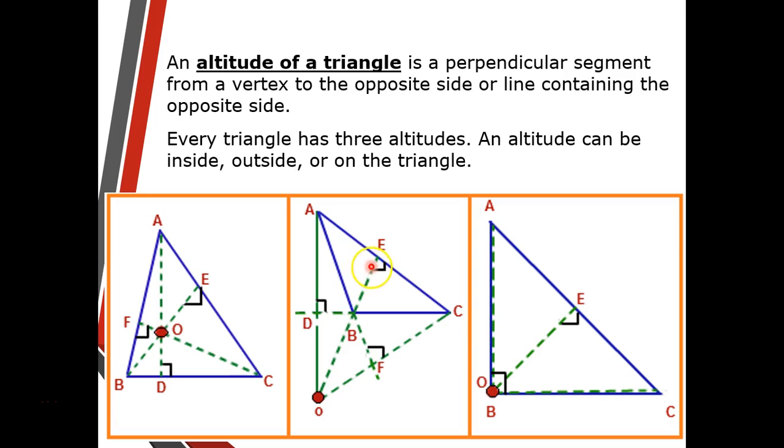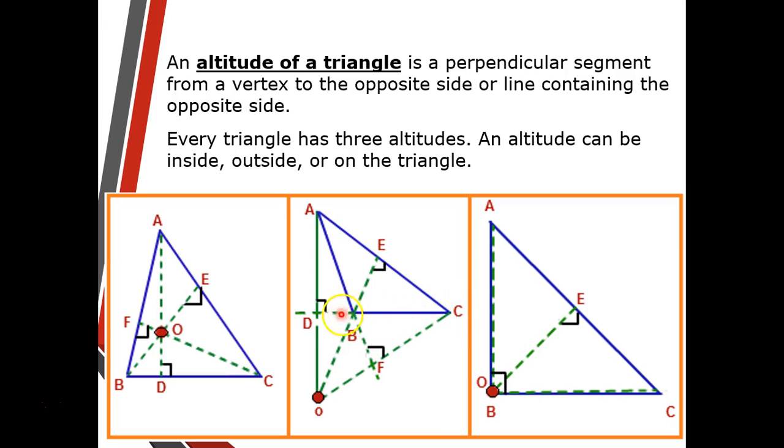But in some triangles, the altitudes cannot be drawn on the inside of the triangle. So let's look at this obtuse triangle that we have here. So here's our vertex A, and we cannot draw an altitude from vertex A to this opposite side that's going to be perpendicular to it.